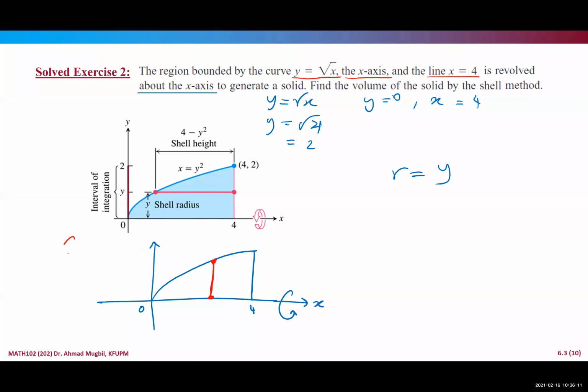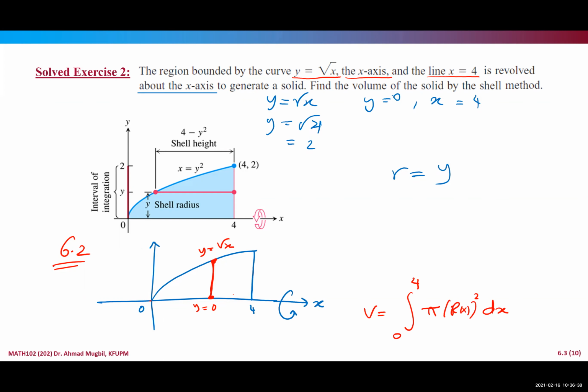This is 6.2, Shabab. And you will ask yourself, what is the length of this line? What is y here? Y here is 0, and y here is square root of x. This line is perpendicular to the x-axis, so it will be the integral with respect to x. X starts from 0 to 4. And the area is just π times r of x all squared. The cross section here is a disk because the axis of rotation is the boundary of the region.